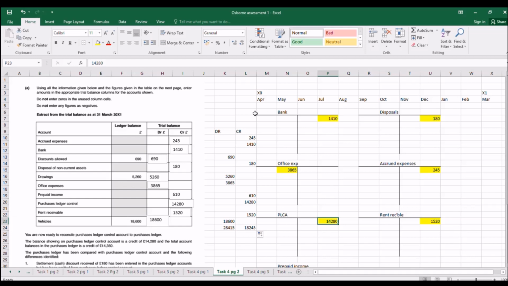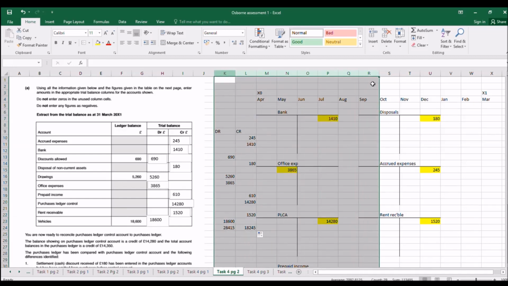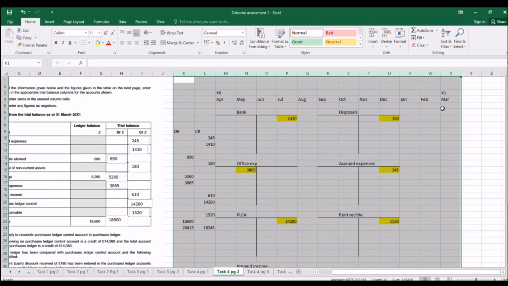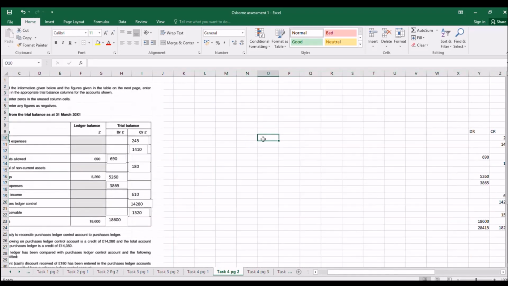Right, let's pull this out as a separate section here. What I'm going to do is basically create another piece of paper. I'm going to copy this here. Actually, let me push this to the right, put an extra piece of paper in here, and let's see what's going on.